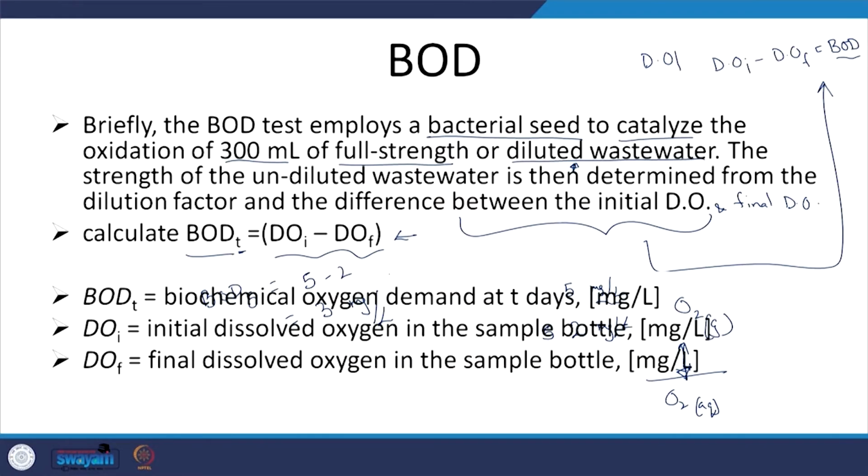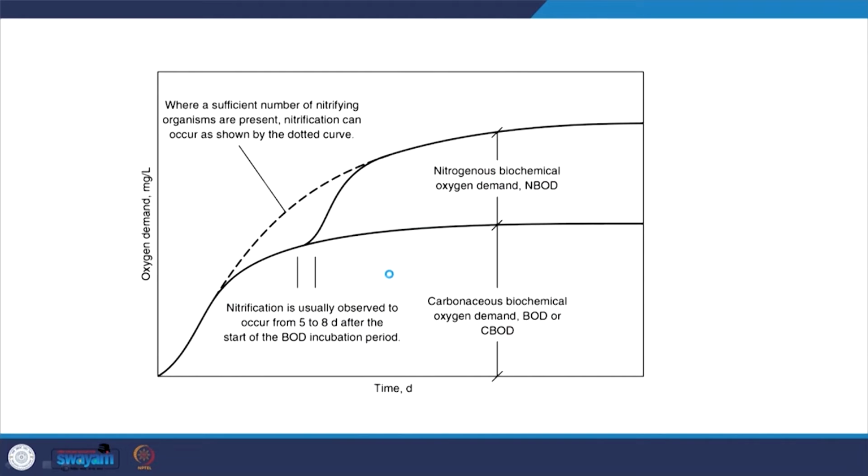So, in which cases will this not work? Let us look at this. Before I go further, when I say we are measuring the BOD, let us see what it is that we are actually measuring. On the x axis we have time, on the y axis we have oxygen demand.